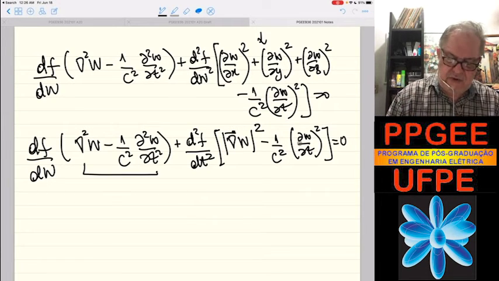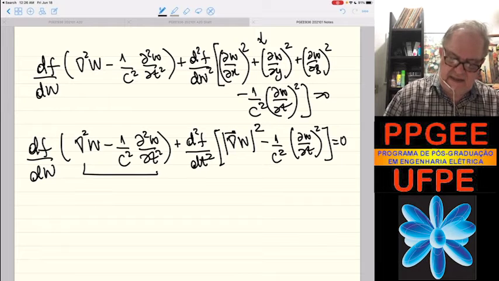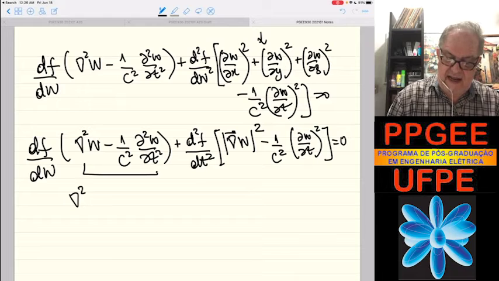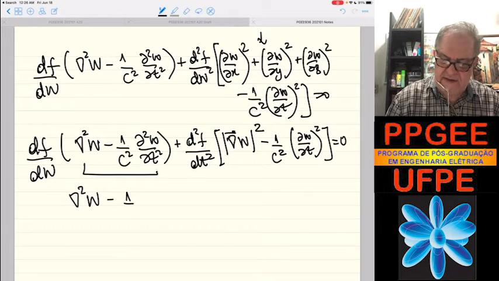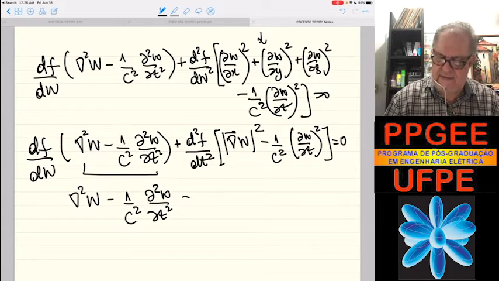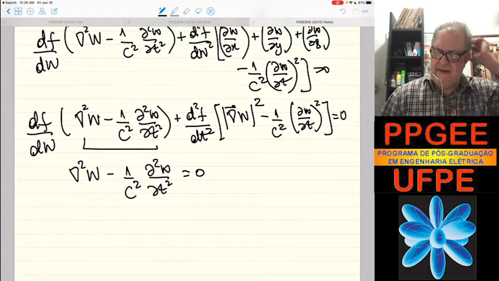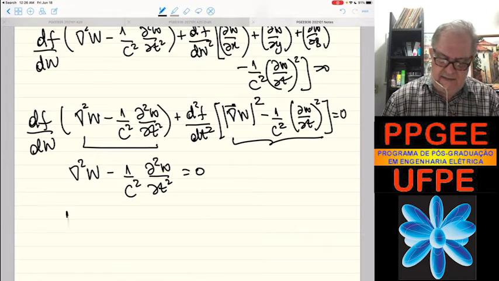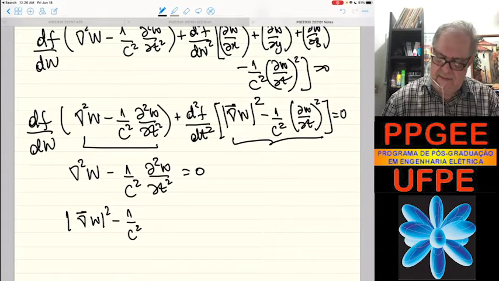So what we have to do is have both conditions satisfied. w has to satisfy the wave equation. That's nice. That's okay, right? We somehow expected that. It's not much new. But the new fact is this thing here: magnitude of the gradient of w squared minus 1 over c squared dw/dt squared equals 0.